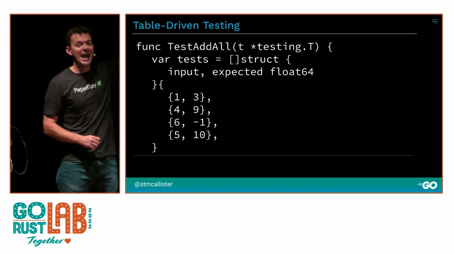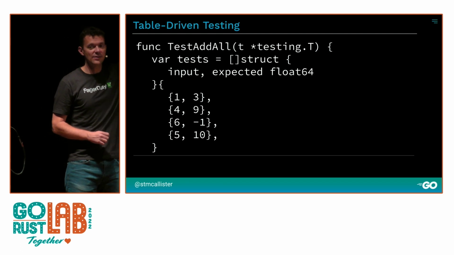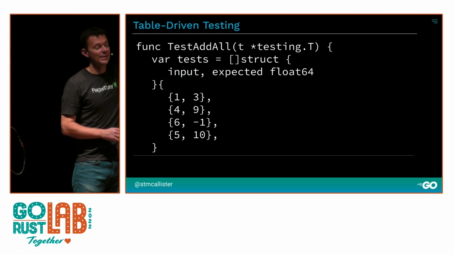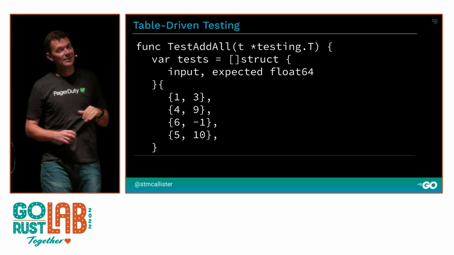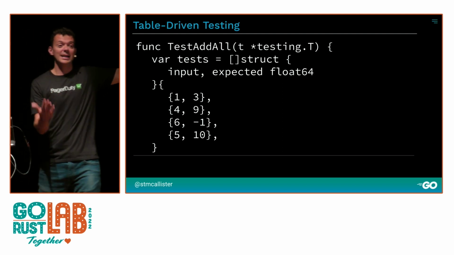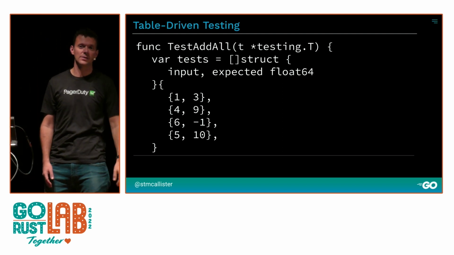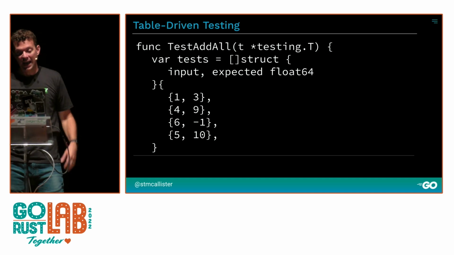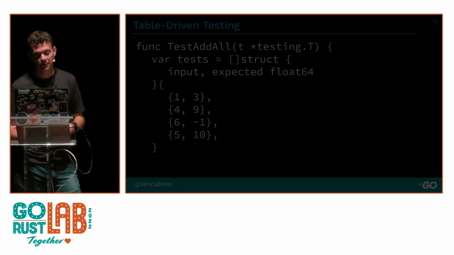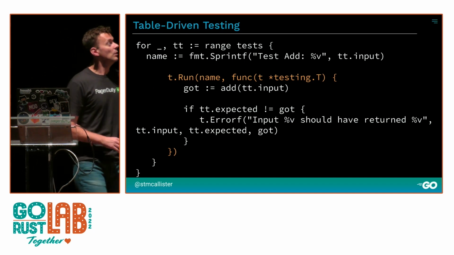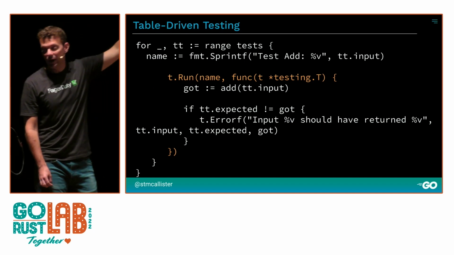Every time we want to add a new test, we just add a new set of values. That way, we can expand the number of tests we're doing without writing heaps and heaps of lines of code.